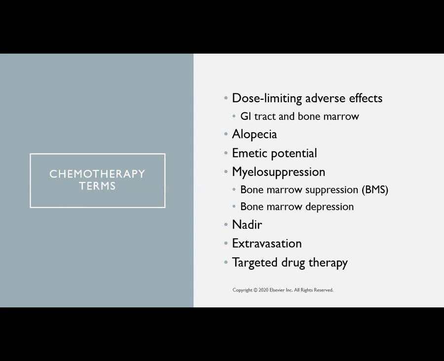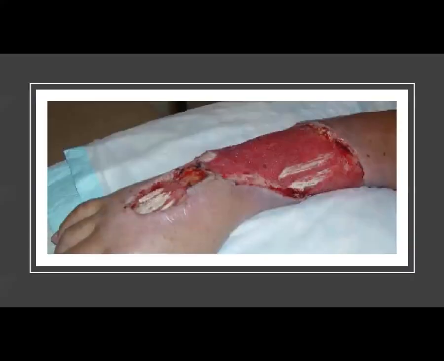Targeted drug therapy, once again, is where we're trying to hit where the cancer is actually developing. This is a picture of extravasation. You can see that it started in probably a 20 or a 22 here, or maybe even an 18, and it wasn't going into the vasculature; instead it was going into the tissue.